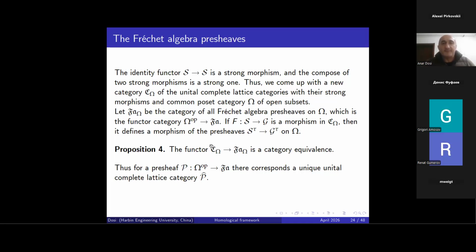They are the same. Again, I took all the unital complete lattice categories with their strong morphisms, and that's exactly the same as Fréchet algebra presheaves. So for every presheaf, we can generate our category. P, look, that's a notation for this one.